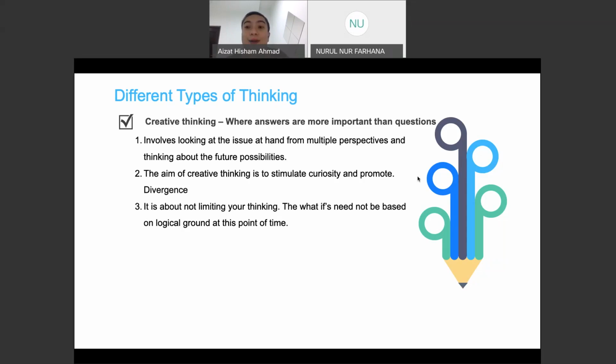So you want to promote divergence, meaning what is this person's perspective, what is that person's perspective. For example, if somebody is from Asia versus somebody from Europe or Africa, how would they accept certain things? So this is creative thinking. It's more to stimulate curiosity. It's not about limiting your thinking.